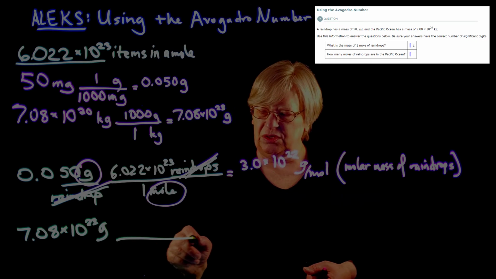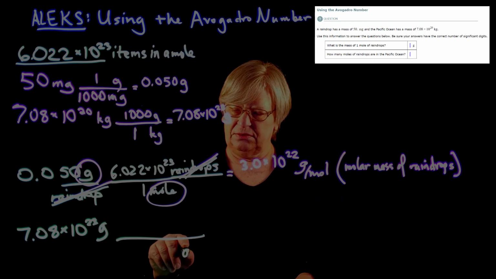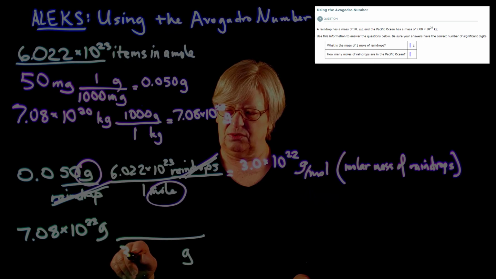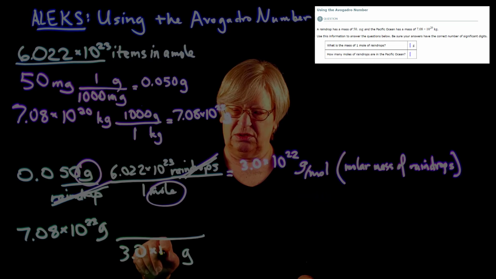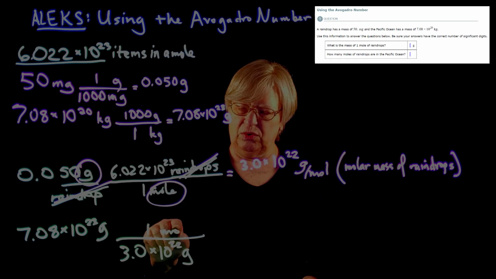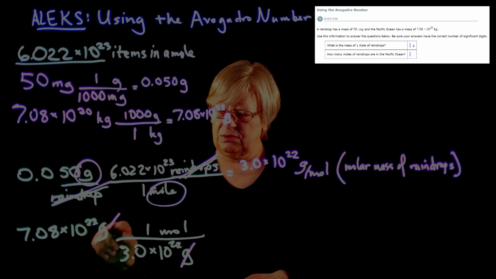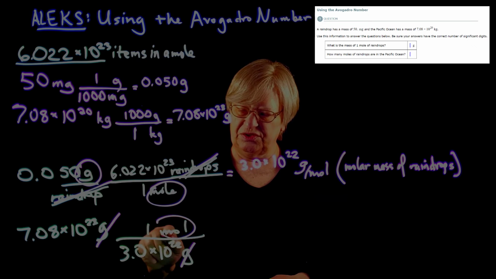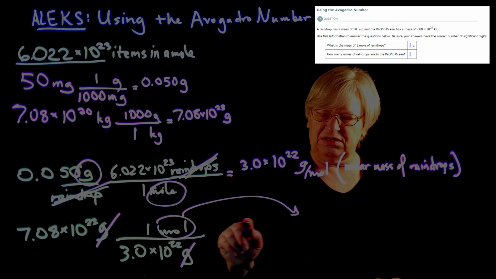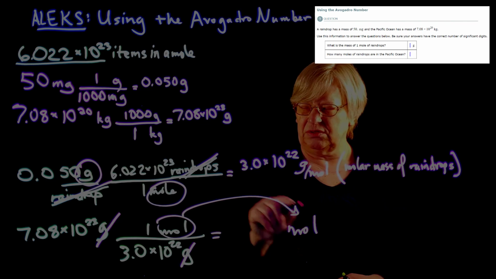And then we can use the molar mass of the raindrops, 3.0 times 10 to the 22nd grams is 1 mole. So my grams cancel, moles is left. That's going to be my unit, my answer, right? So I'm going to have moles as my answer.